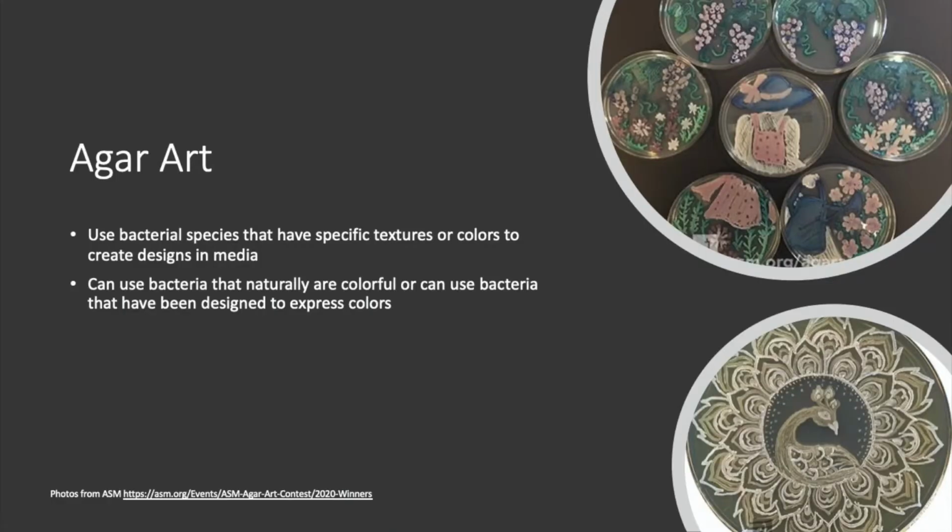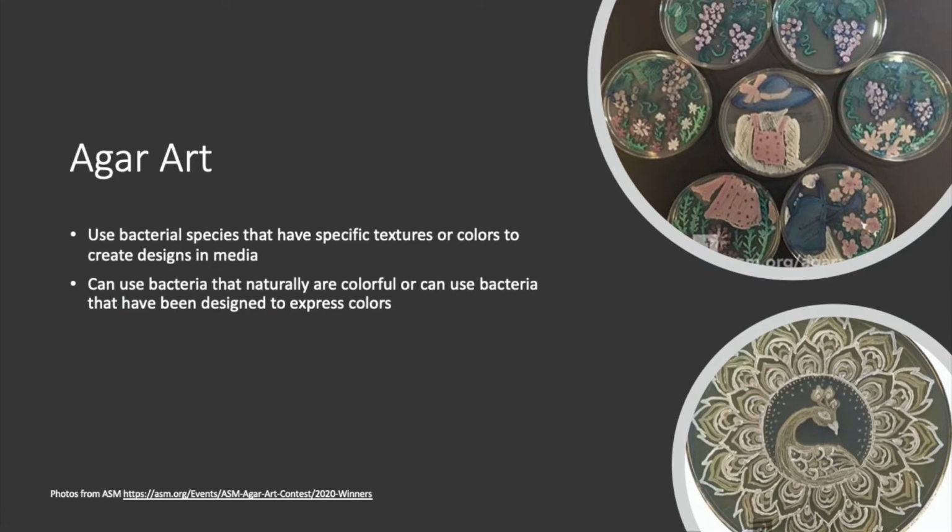In microbiology, there are a lot of microbiologists who, in their free time, like to make agar art. They take plates and streak bacteria onto them to form really amazing designs. Some of them are really, really beautiful.